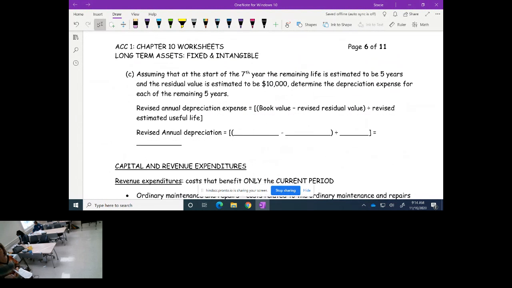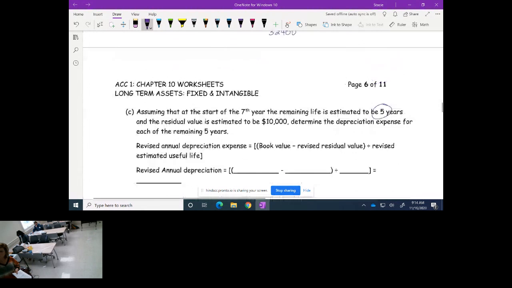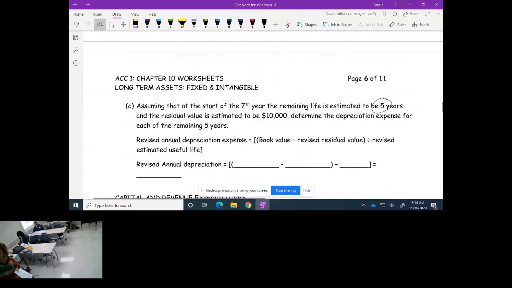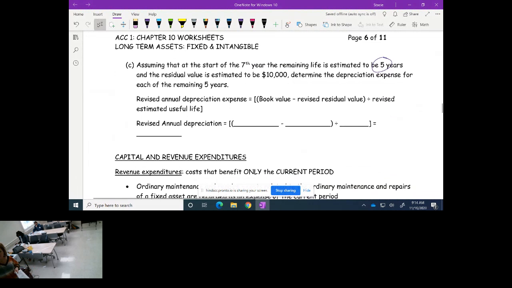Okay, so let's assume that after that 6th year is completed, that they decide the remaining life is 5 years. So if originally it was 10 years and we've already depreciated 6, they're adding an extra year on there. Residual value at the end of this 10 or 11 year period, I guess, after we add this extra year on here, it's going to be 10 grand.